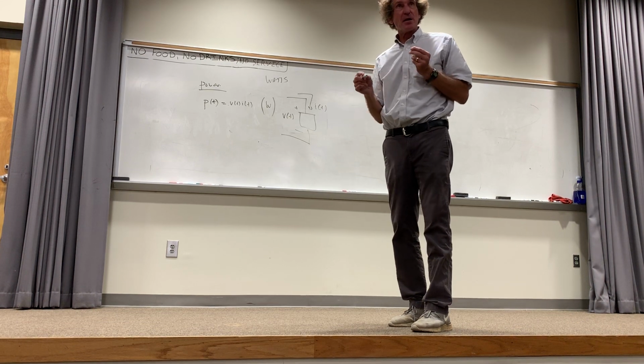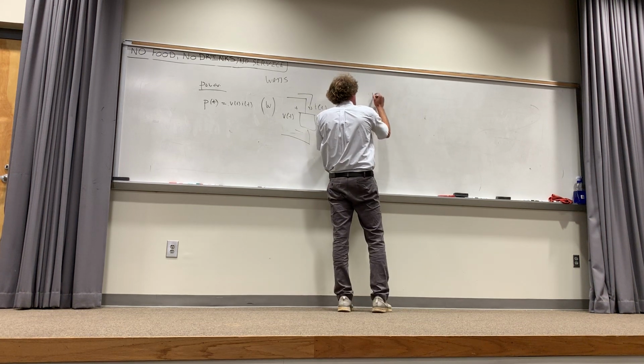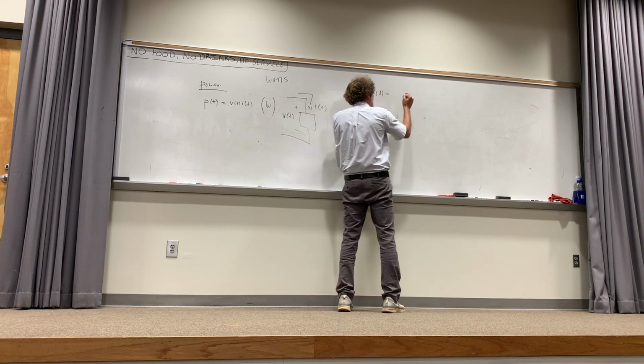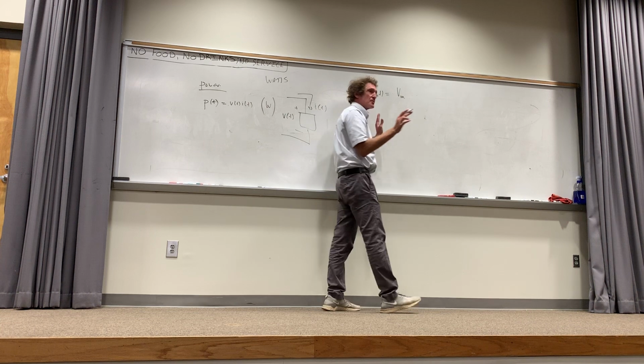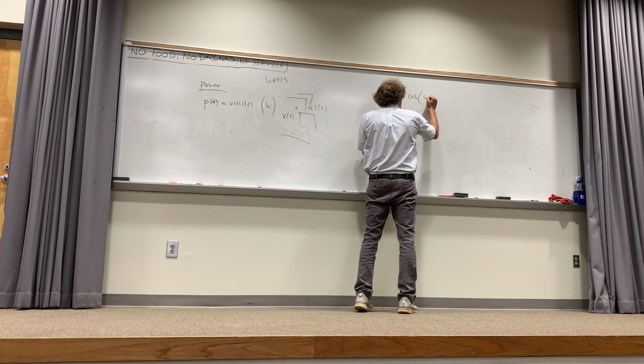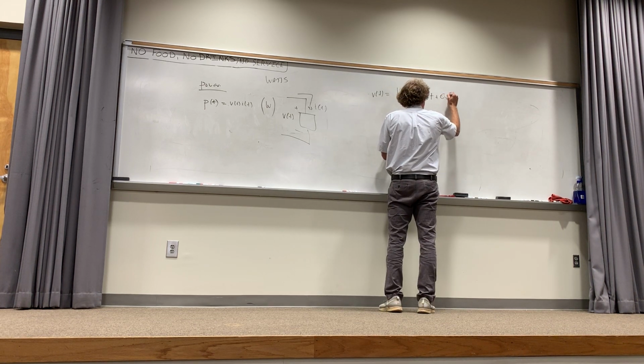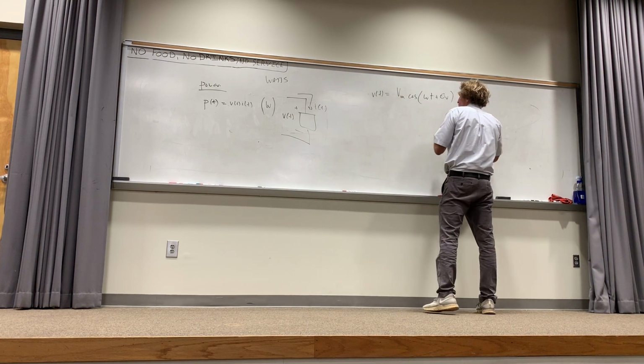Stick a socket in there. Now, when we talk about power and voltage there, the way we render that is we would say v of t would have some voltage V_m. That's a magnitude. Then it will be given as some cosine of omega t plus some phase angle, theta v. Now, this is the voltage.